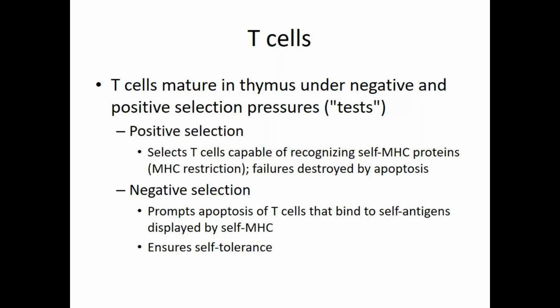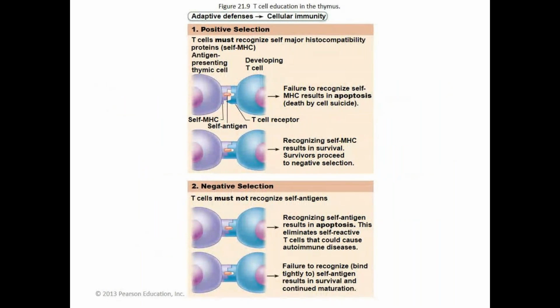So the process essentially looks like this, if you want to think about it in a cartoon way. Here we have our T cell, right here in blue. Here we have our APC, our antigen presenting cell. And if you recall from last time, all of the antigens are in these MHC proteins. So basically, it's a little slot that we put an antigen in.